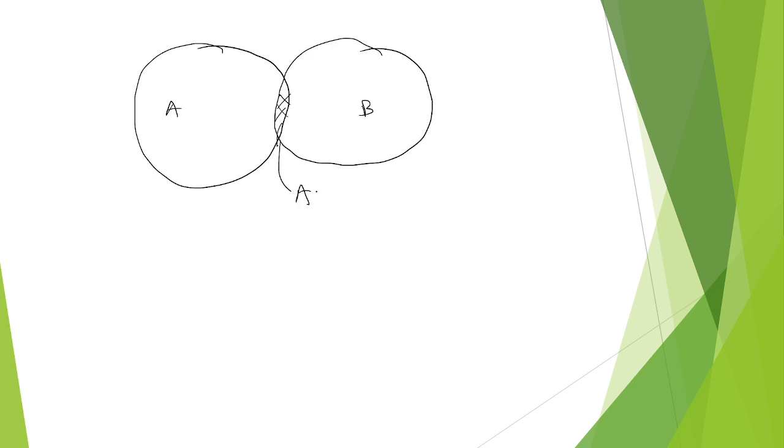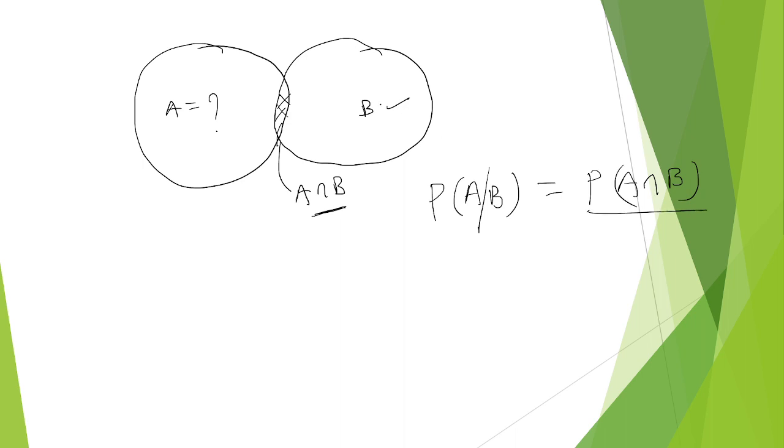If A is an event and B is also an event having a common probability, that is A intersection B, then the probability of getting A if B has already happened can be written as: B has happened means B is drawn, for example, then it is equal to the common area, P of A intersection B, divided by the already drawn probability, that is P of B.